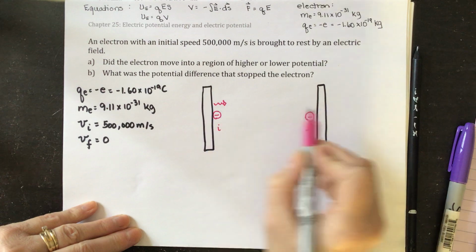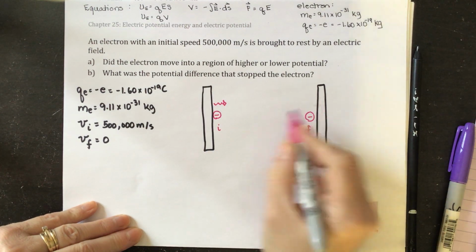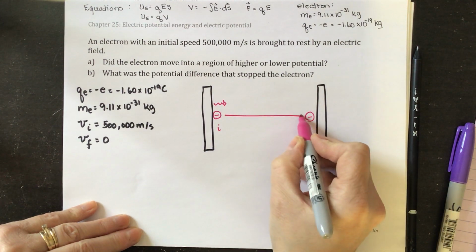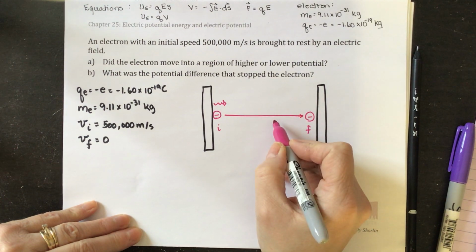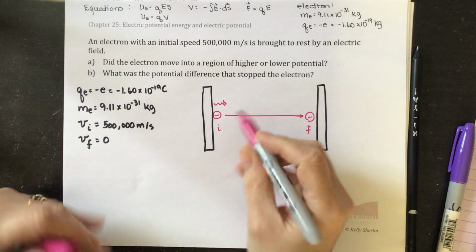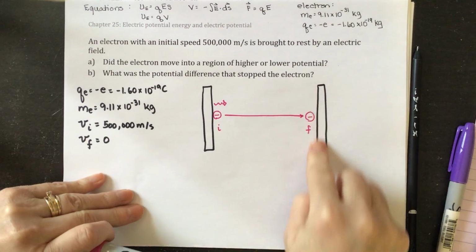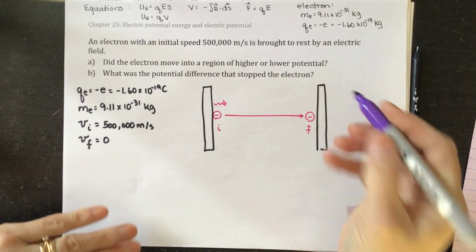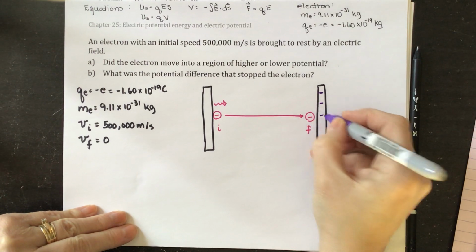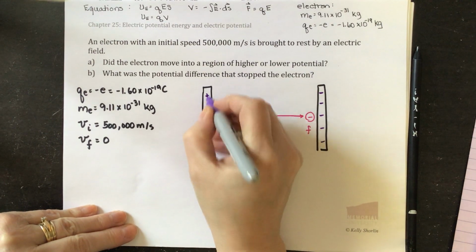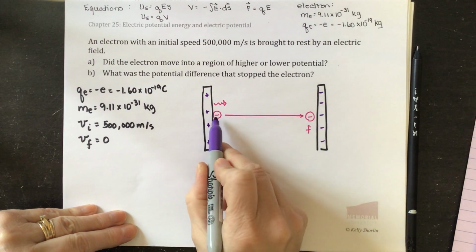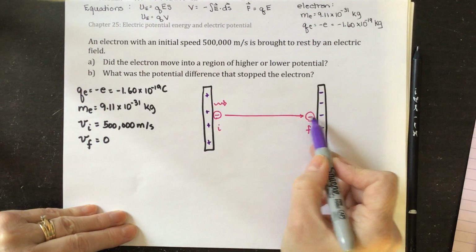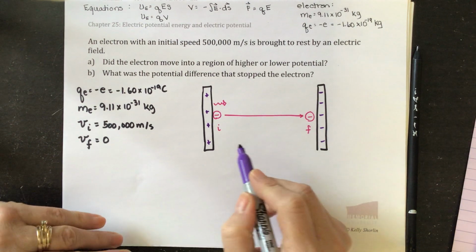If we shoot it from here towards here, and it slows down, that tells us that there must be a force to the left. There must be a repulsive force. If there's a repulsive force, that tells us that this must be the negative plate. We know that like charges repel, so as it moves this way, there's a repulsive force to the left that slows it down.